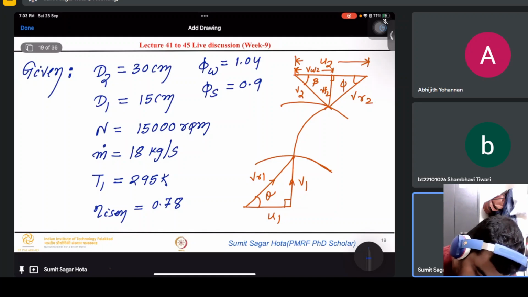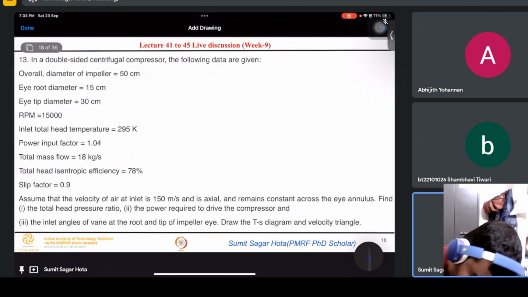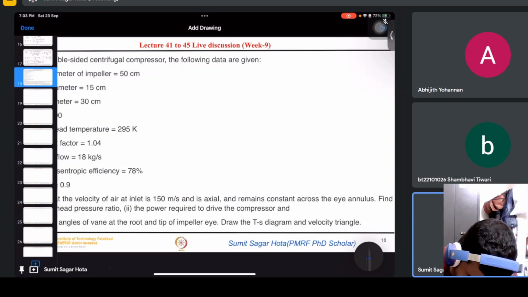One more thing given is your velocity. Assume that the velocity of air at the inlet is 150 meter per second and is axial and remains constant across the eye annulus. What does it mean?